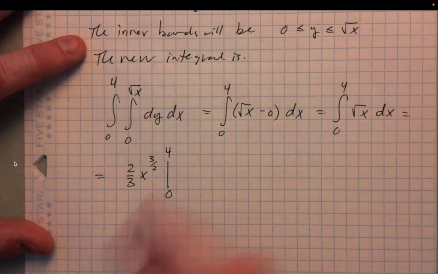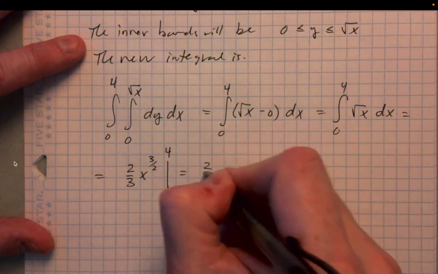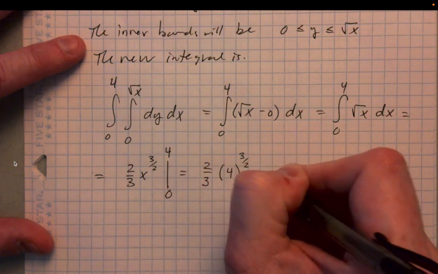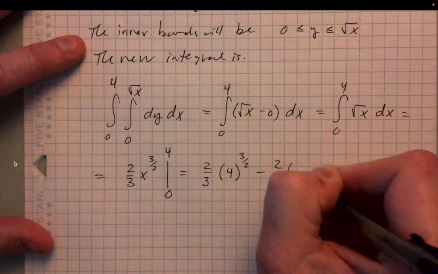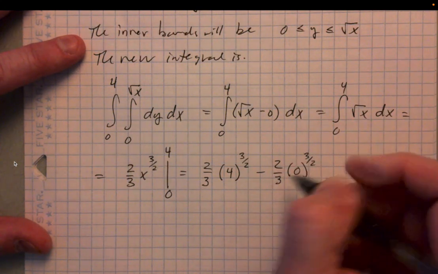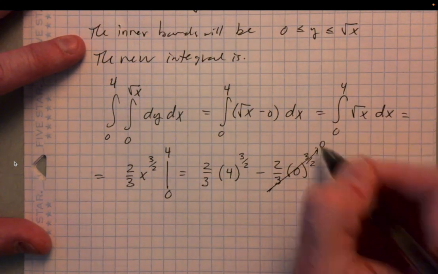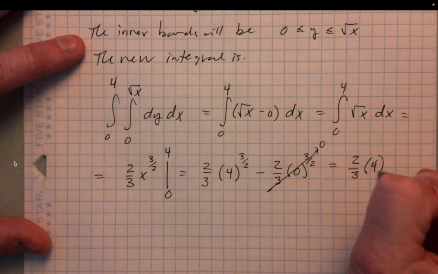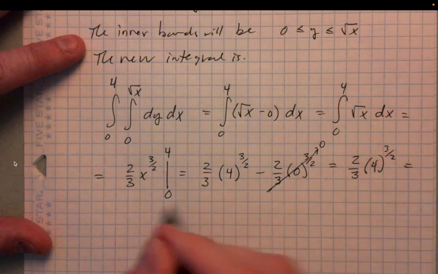So you can think of this as 2/3 times 4 to the 3/2 minus 2/3 times 0 to the 3/2. Of course, this whole term is now 0. And so this is just 2/3 times 4 to the 3/2 power.